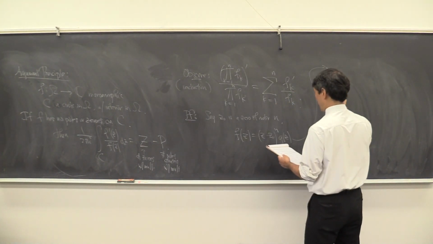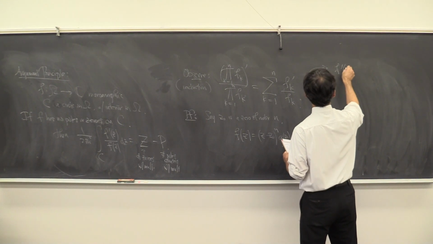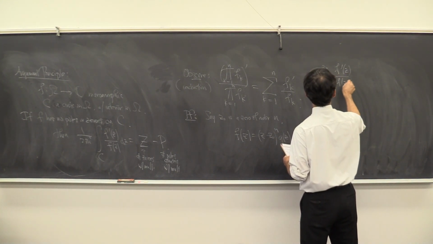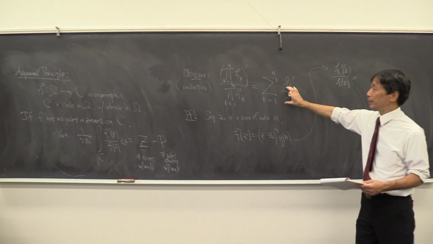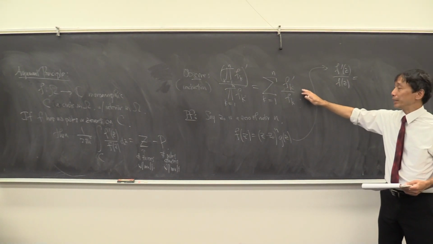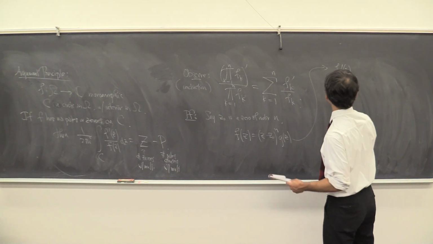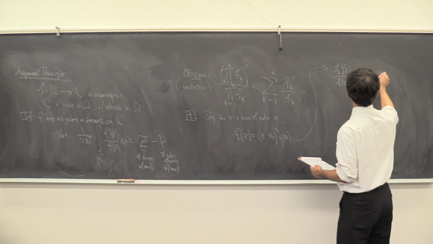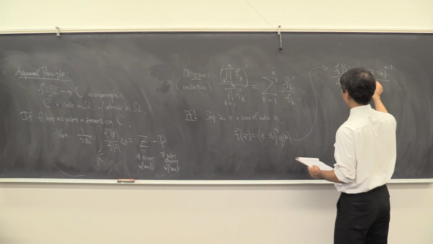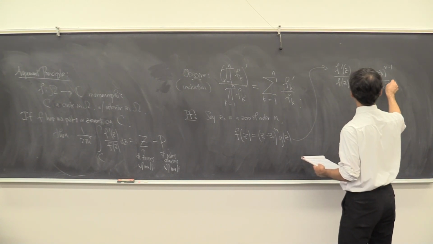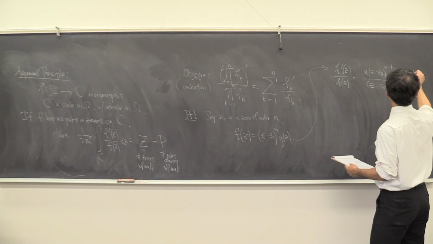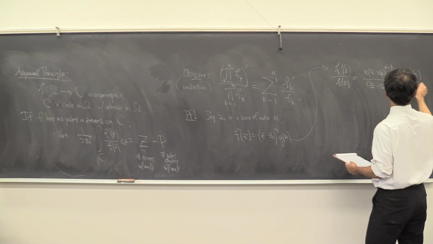But in that case, when you take f prime over f, by the observation, you get n times (z minus z naught) to the n minus 1 over (z minus z naught) to the n, plus g prime over g.